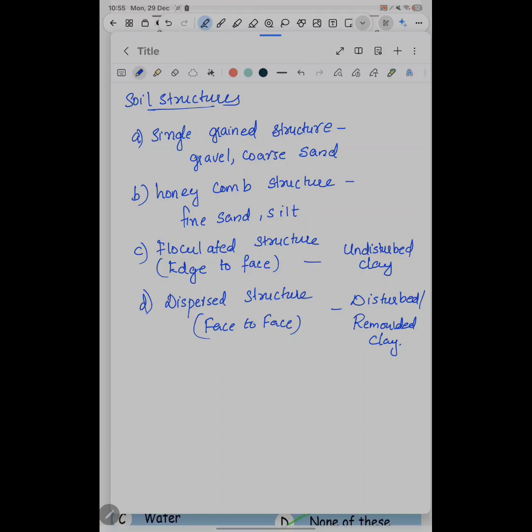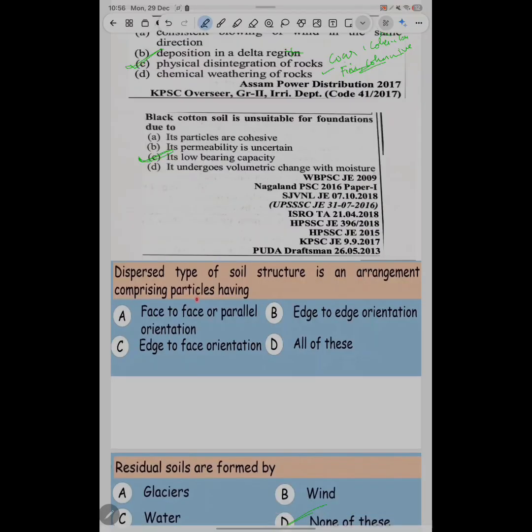Okay, so next let's see that question. Here the question is: dispersed type of soil structure is an arrangement comprising of particles having... Dispersed type of structure is for disturbed clay or remolded clay.